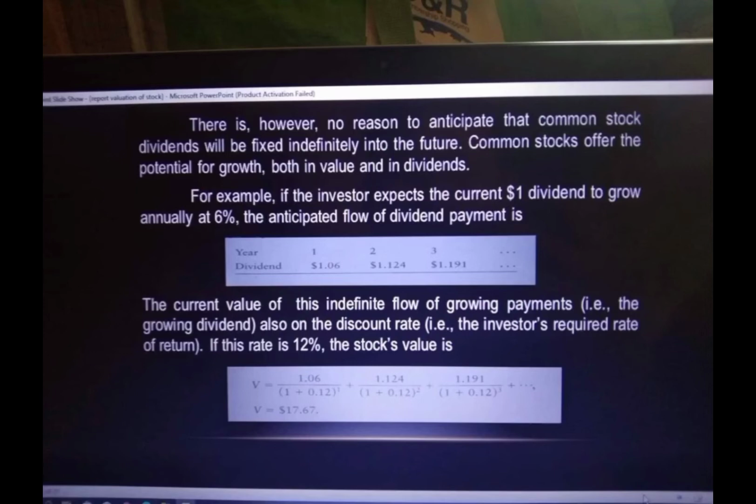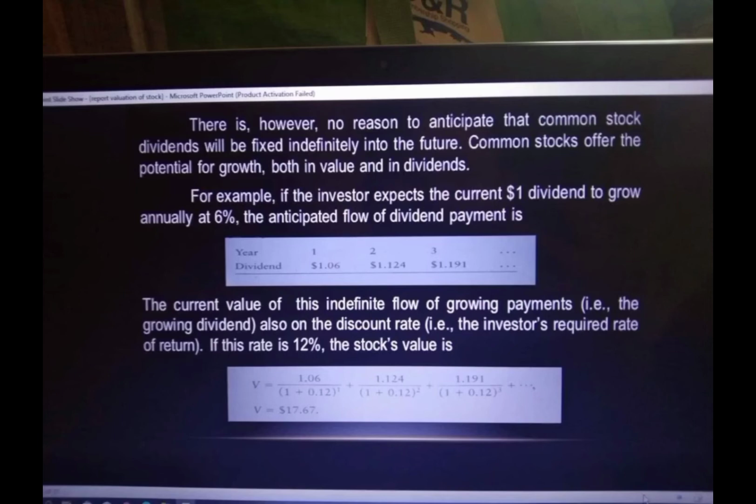So the current value of this indefinite flow of payment, for example the growing dividend, also the discount rate, the investor's required rate of return, if this rate is 12%, the stock value is: value equals 1.06 divided by (1 plus 0.12) to the power of 1, plus 1.124 divided by (1 plus 0.12) to the power of 2, plus 1.191 divided by (1 plus 0.12) to the power of 3. So ang result is $17.67.